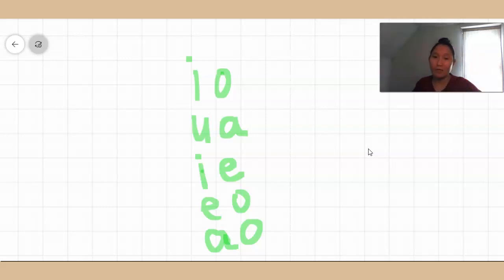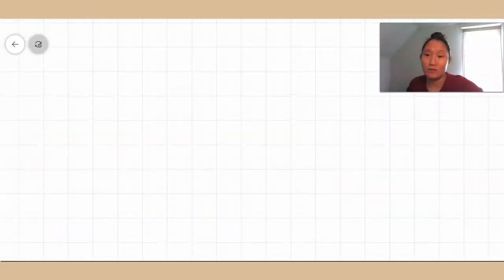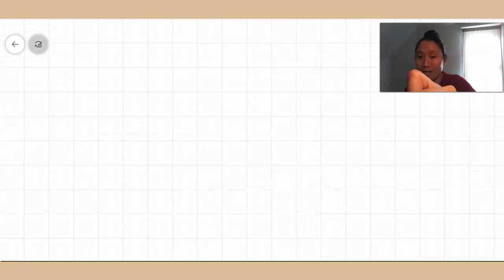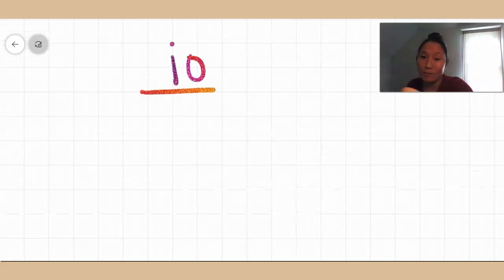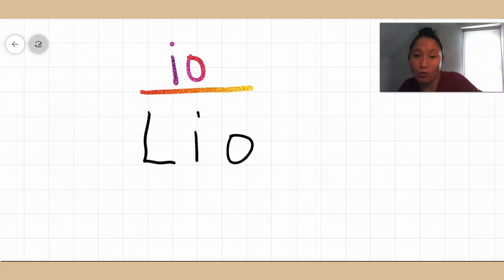All right, we're going to look at the very first one, which is the I-O words. Now, usually this pair of vowels gets broken. So let's write the word lion. This will be L-I-O-N. Lion.